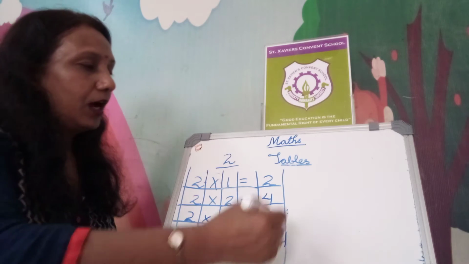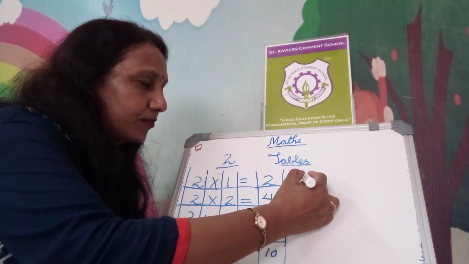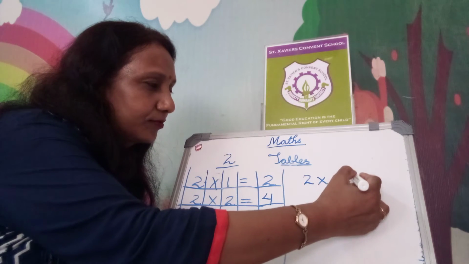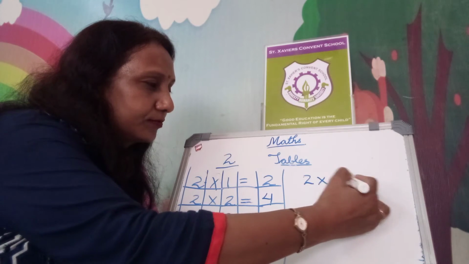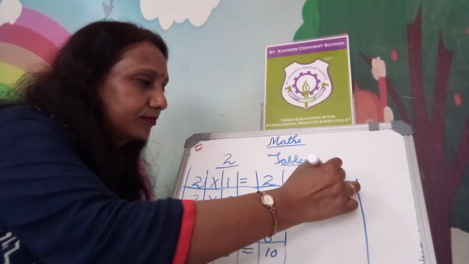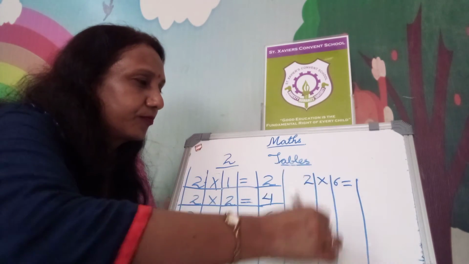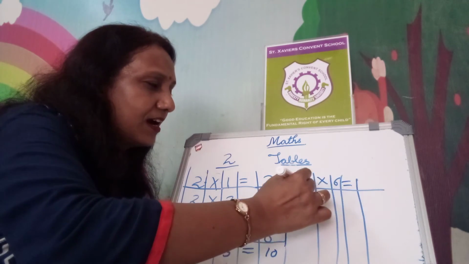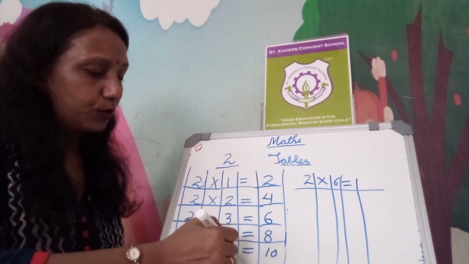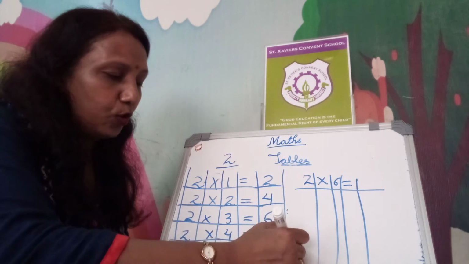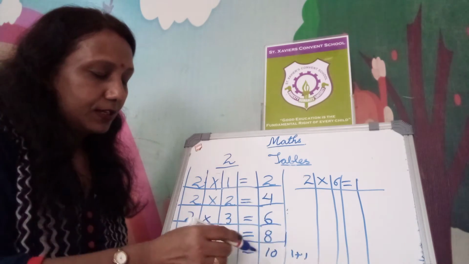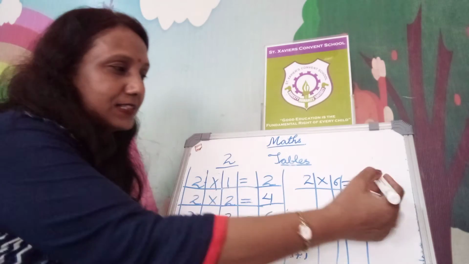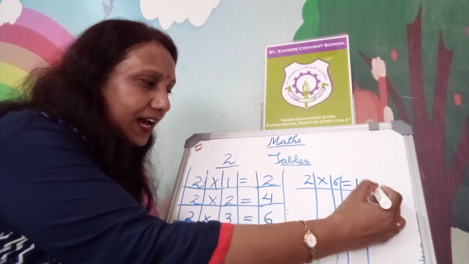Now, coming to 2 6s are... Write in blocks only. 2 6s are... So, 2 5s are 10. Add 2 more: 10, 11, 12. So what will be the answer? 2 6s are 12.